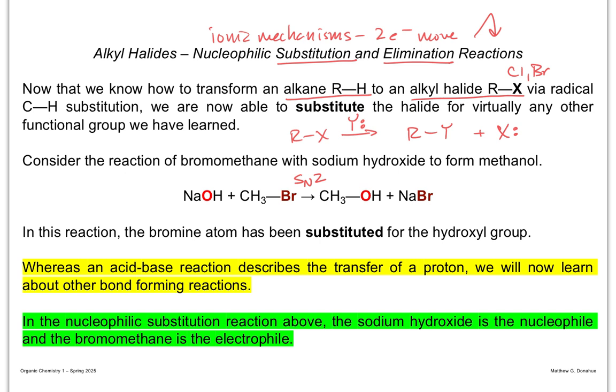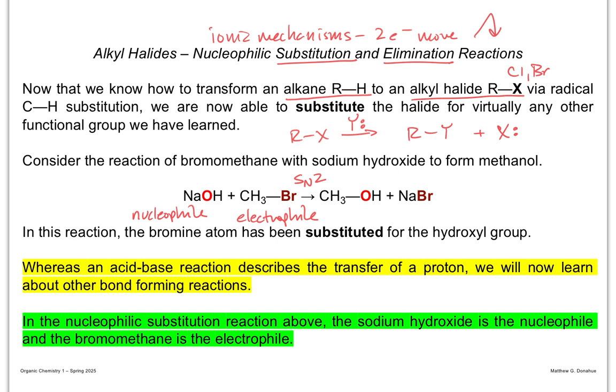The methyl bromide is what's called an electrophile. The sodium hydroxide is called a nucleophile. So in mechanisms, there's always a nucleophile and electrophile. And those terms fall under the Lewis acid-base definitions.